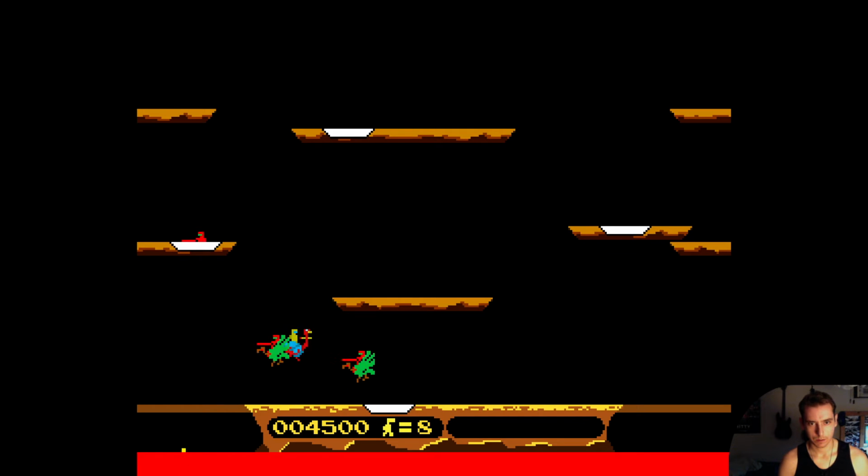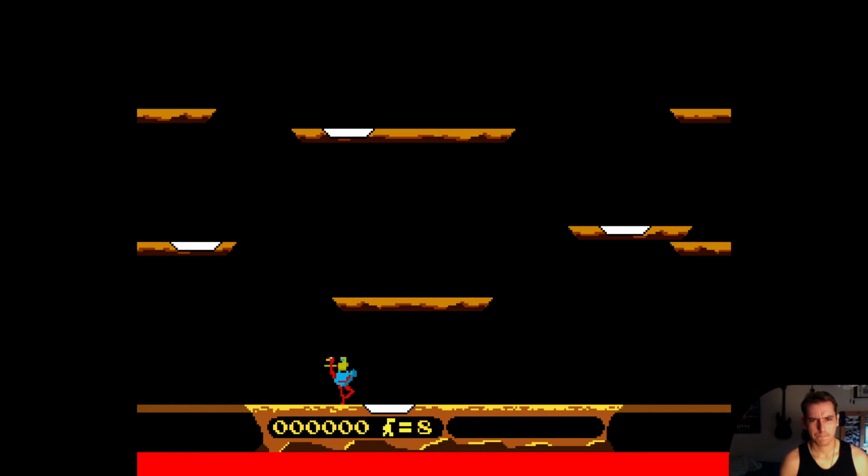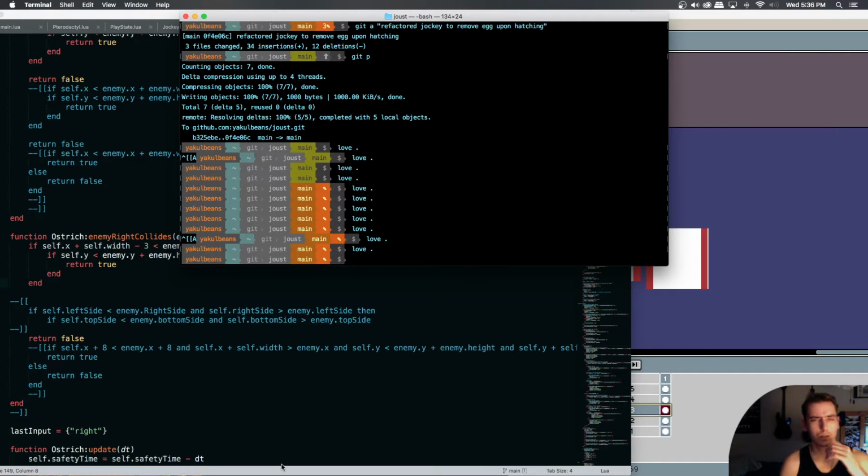Here we go. Dude, what? That's the same freaking problem. Why is it not detecting the collision right away? God, look, they have to fly through until they're killed.